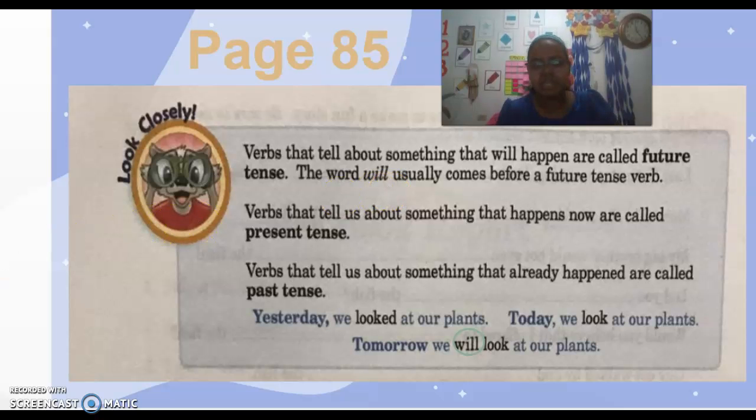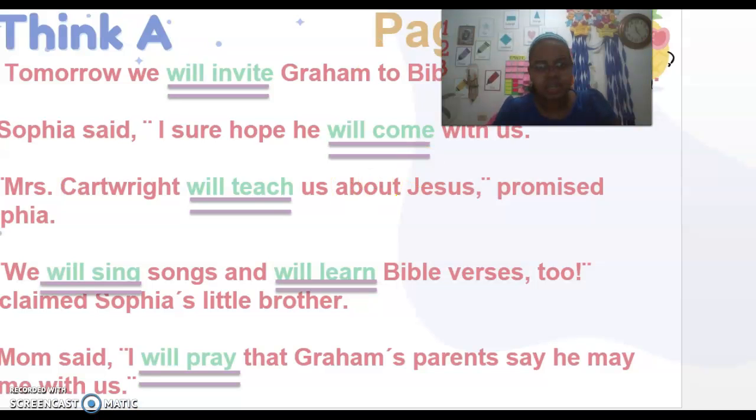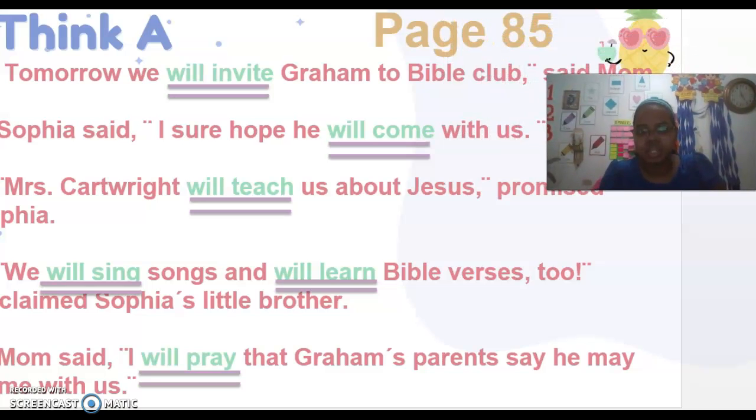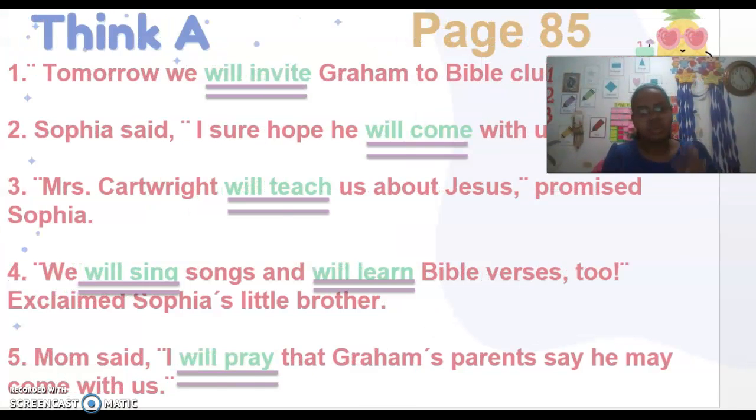Exercise 8, page 85, please, everybody. Okay, so here we have five different sentences, and what you're going to do is underline the future tense of the verb in each one of the sentences.